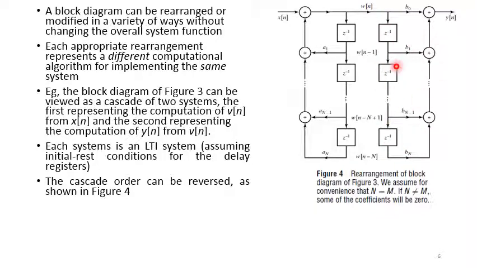Essentially this is the same diagram as on the previous slide, with just one change: in the previous figure we were calculating the zeros first, followed by the poles. These are the zeros and these are the poles. Now we are finding the poles first, and then the zeros.